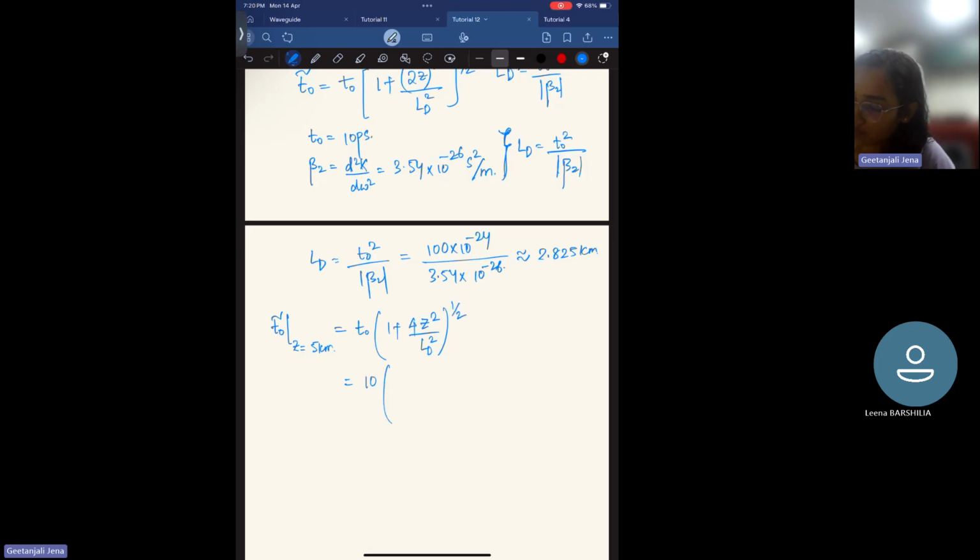So 1 plus z² will be 25 over LD² will be 2.825 squared, and this width will come around 36.78.